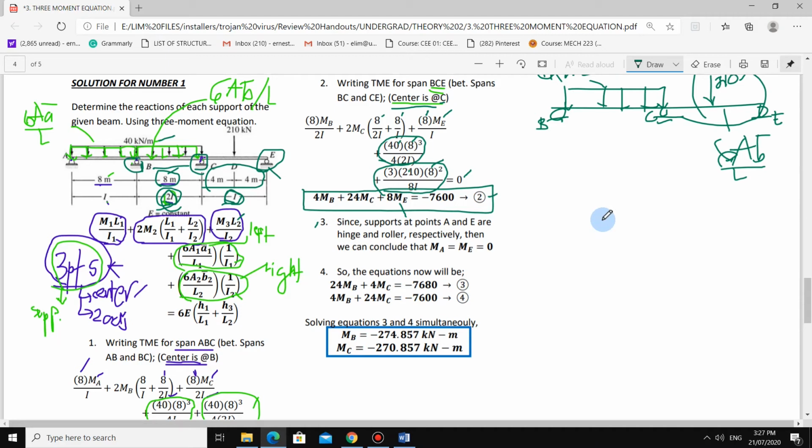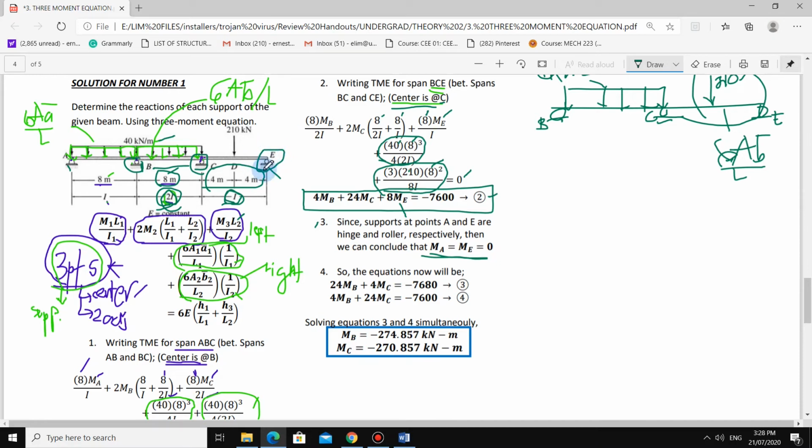So analyze the supports because they might give you hints. So in this case, since the supports at A and E are hinge and roller respectively, then we can conclude that MA and ME are equal to 0. Right? From last time in SDM or MDM, we noticed that if your supports at the farthest ends are either hinge or roller, then that will not induce any moment there.